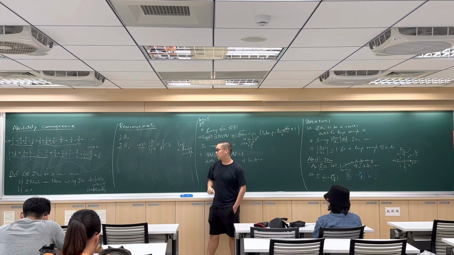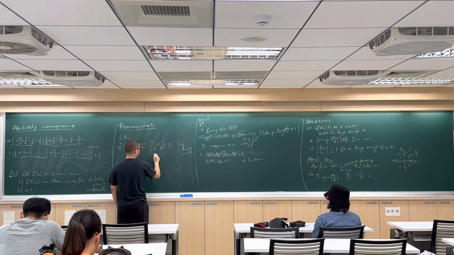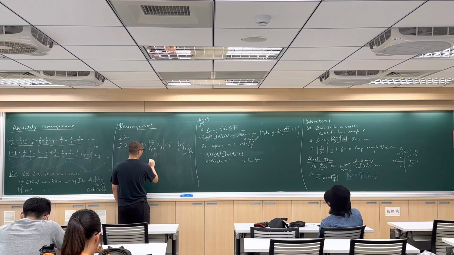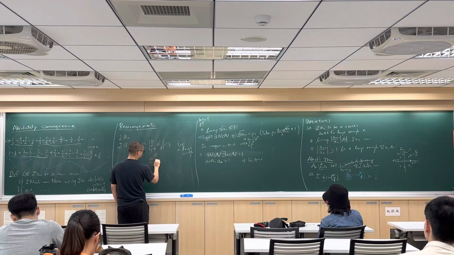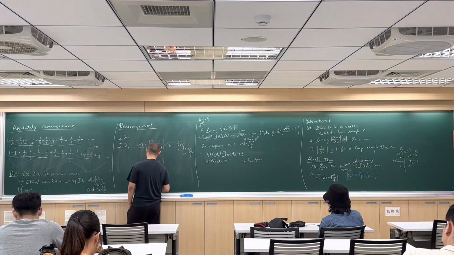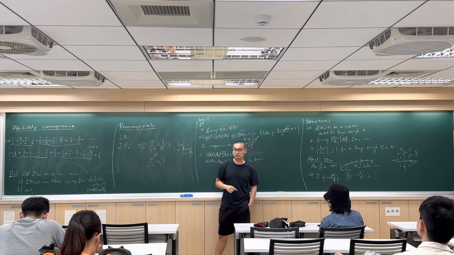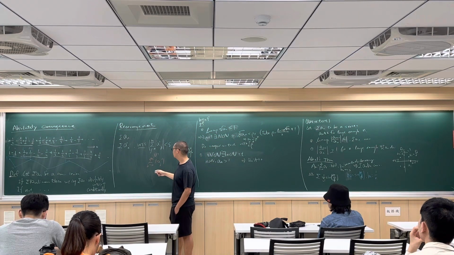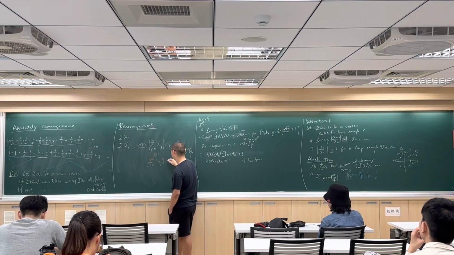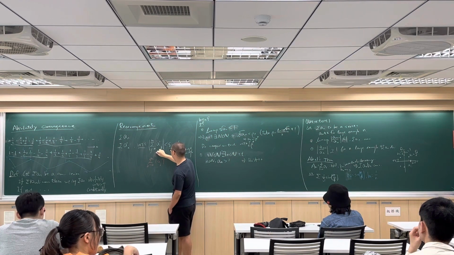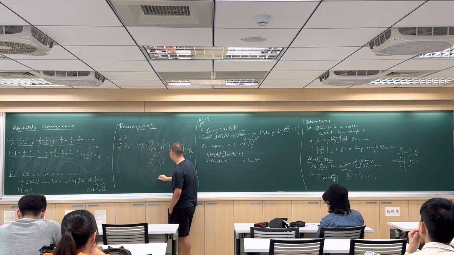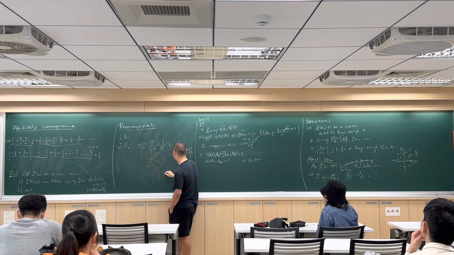You can see that this one is larger or equal to the sum of A_j prime from j to M, and it is smaller or equal to the sum from j equals N to infinity of A_j prime.